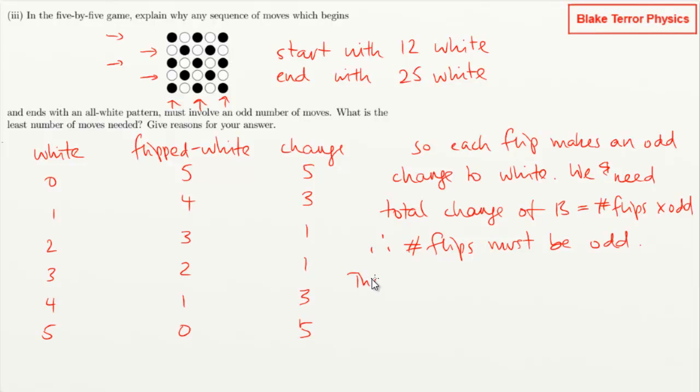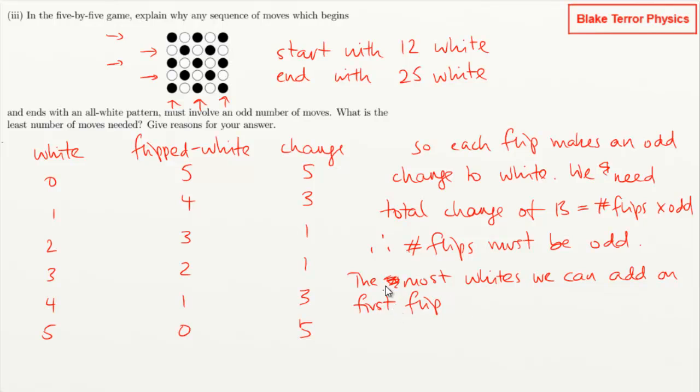So the most whites we can add on first flip is, I mean, we could add more on the second one.